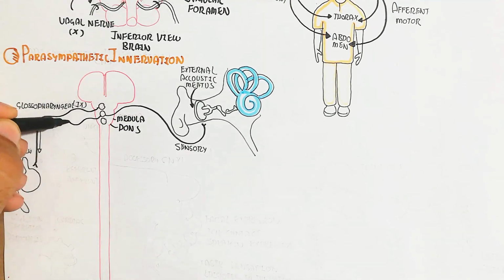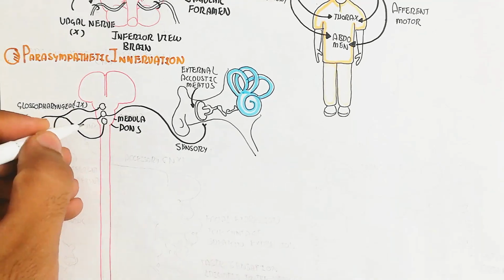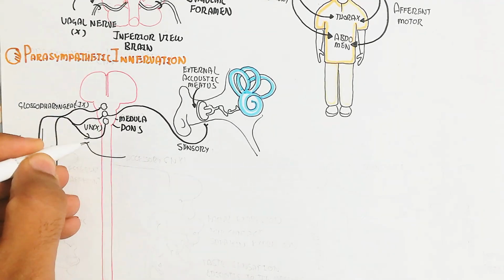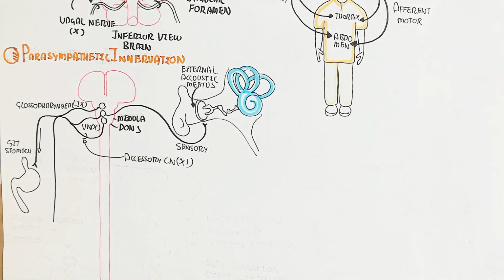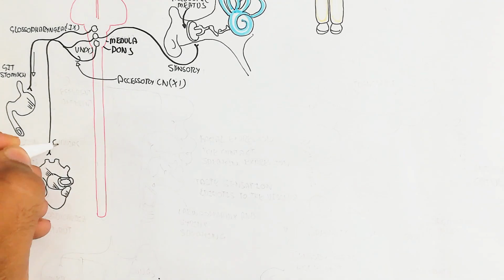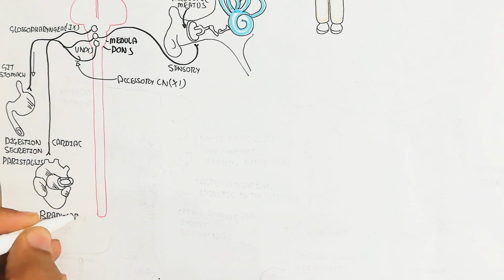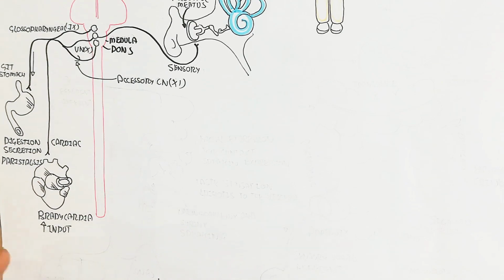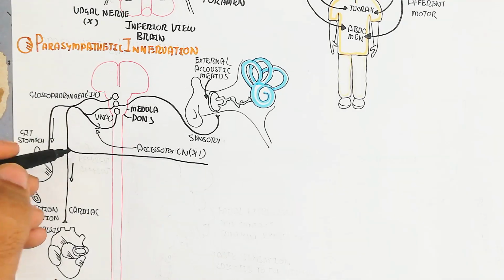This is the glossopharyngeal nerve, which interconnects with the vagal nerve, and in this way the gastrointestinal tract, the stomach, digestion, secretion, and peristalsis are involved. It also targets the heart tissue, so the heartbeat will slow, bradycardia.